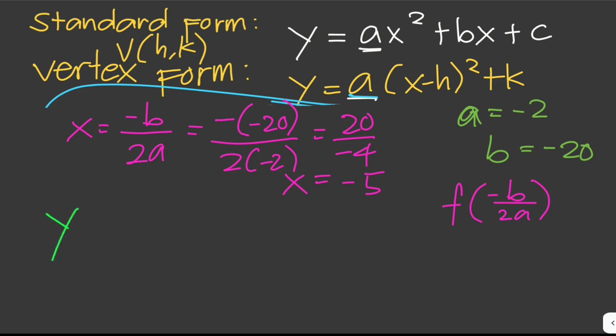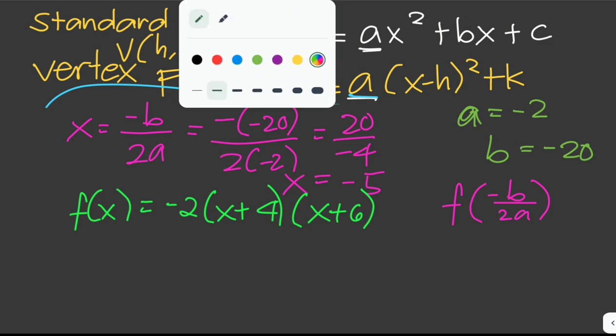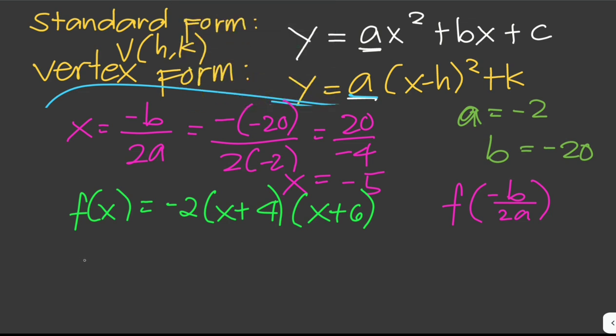So that is y. Oh, I erased the function. Let me write that again. The original function f of x equals negative 2 times x plus 4 times x plus 6. Plugging in the value of x to the equation to solve for the value of y. So this is negative 2 times negative 5 plus 4 times negative 5 plus 6.